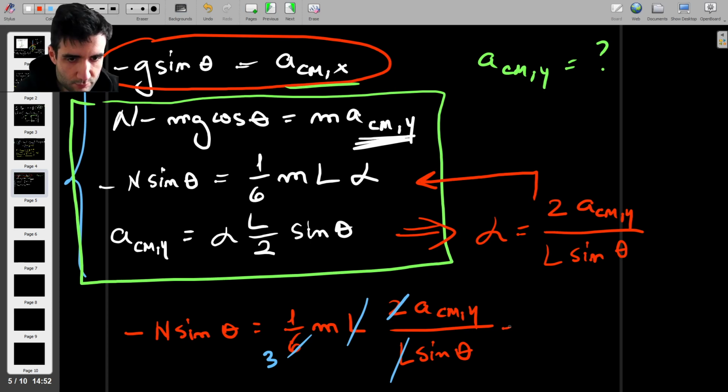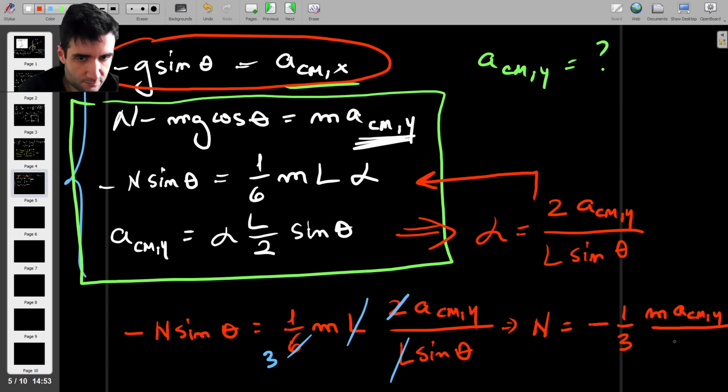So what we end up with is that n is going to be equal to minus, so let's make sure we have everything. We have minus a third, and then we have m times the acceleration in y over sine squared of theta.